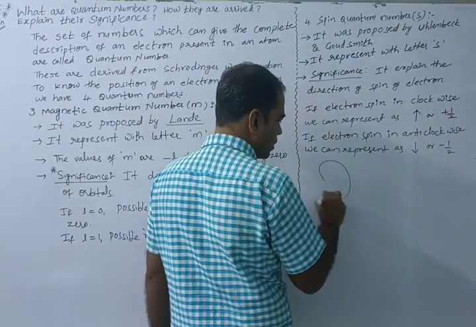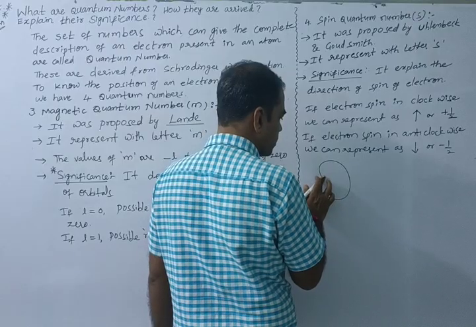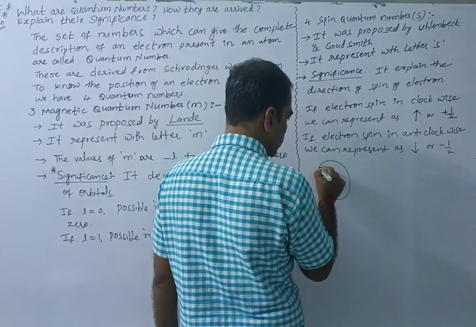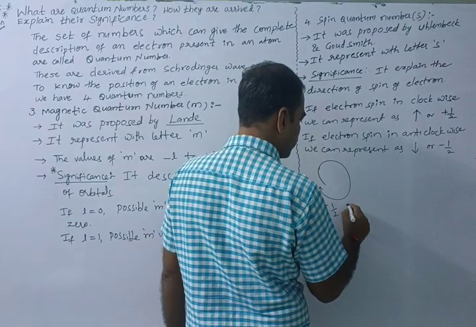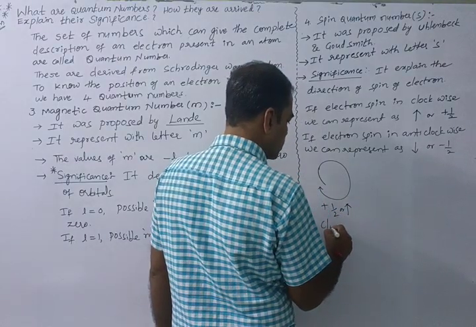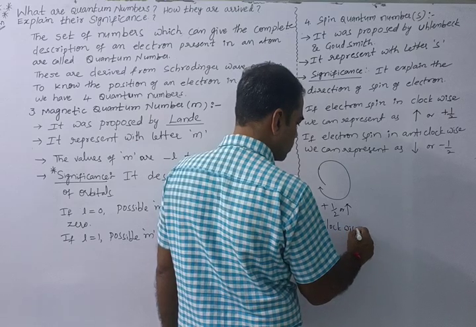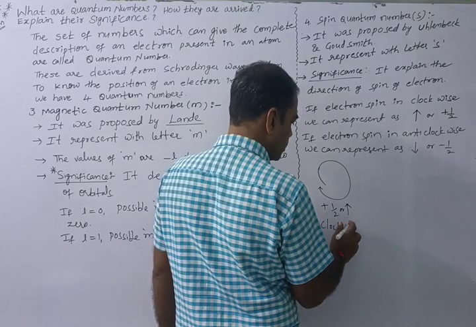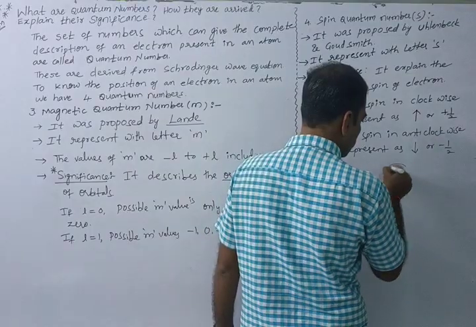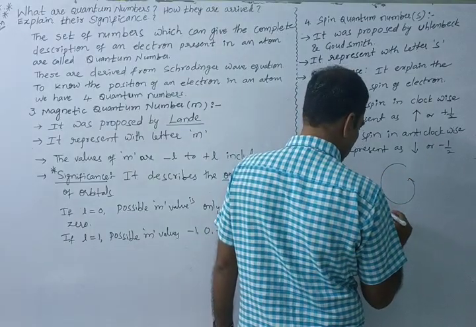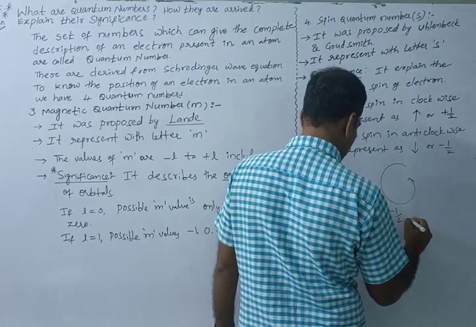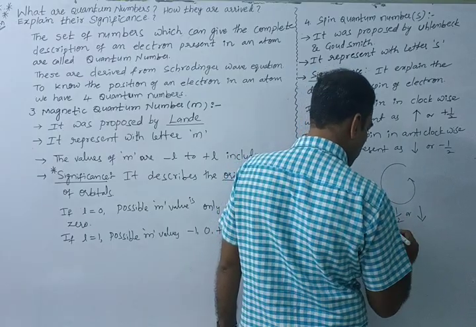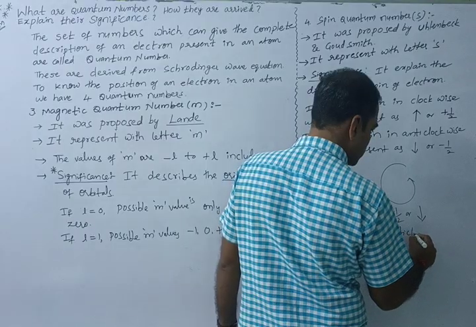Simply, clockwise is plus half, and minus half or downward arrow is anti-clockwise.